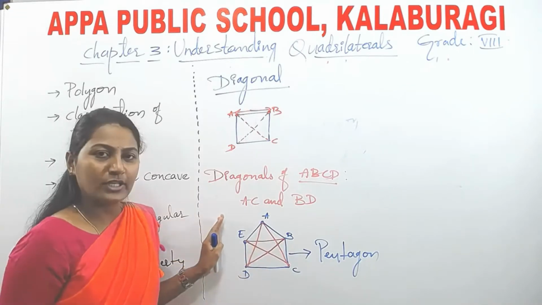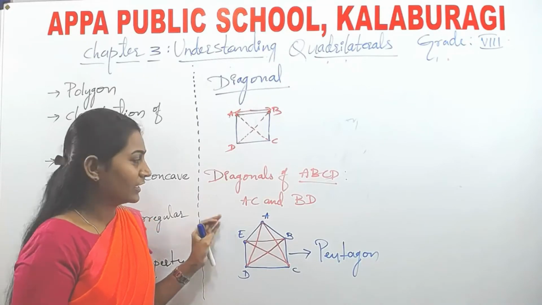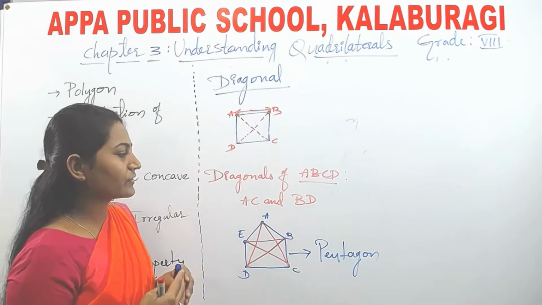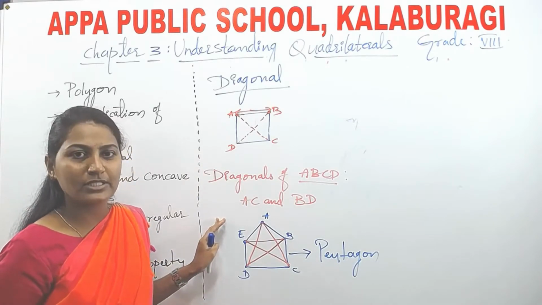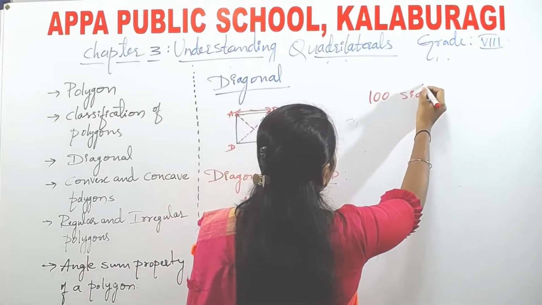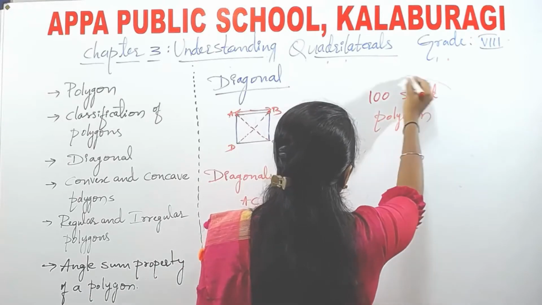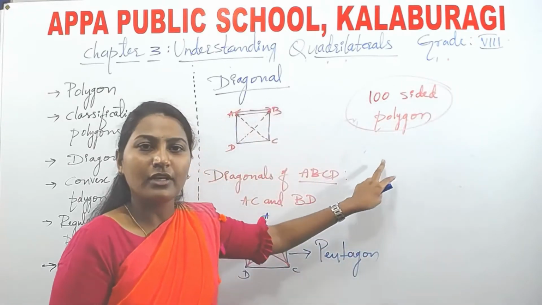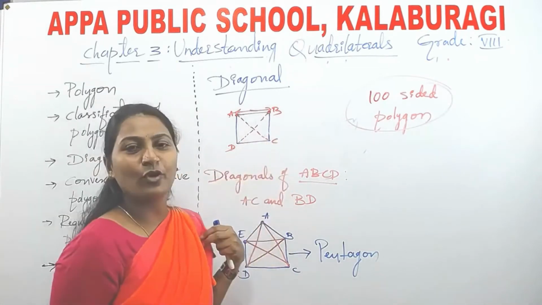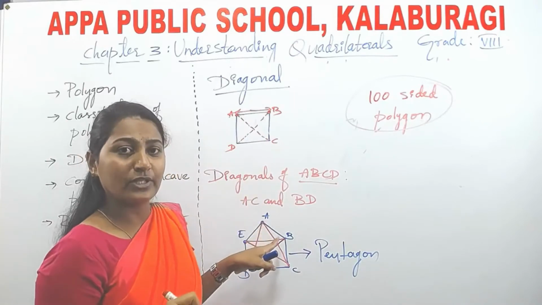Children, I want to tell you the formula to find the number of diagonals in a particular polygon. Up to a decagon it is easy, but for a polygon with 20 sides, or for example a 100-sided polygon, how will you draw that polygon and the diagonal from each vertex to every vertex?